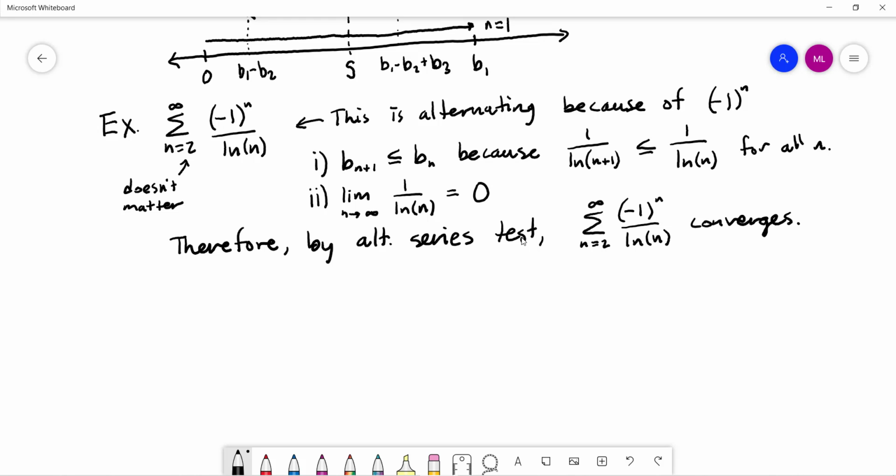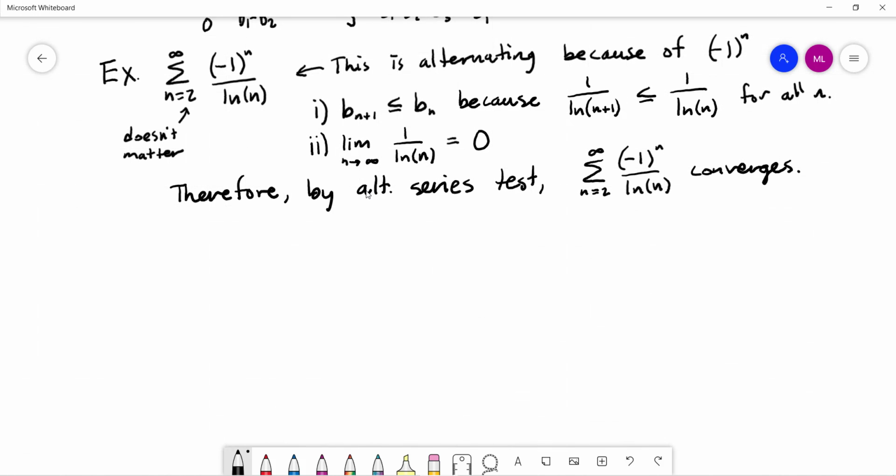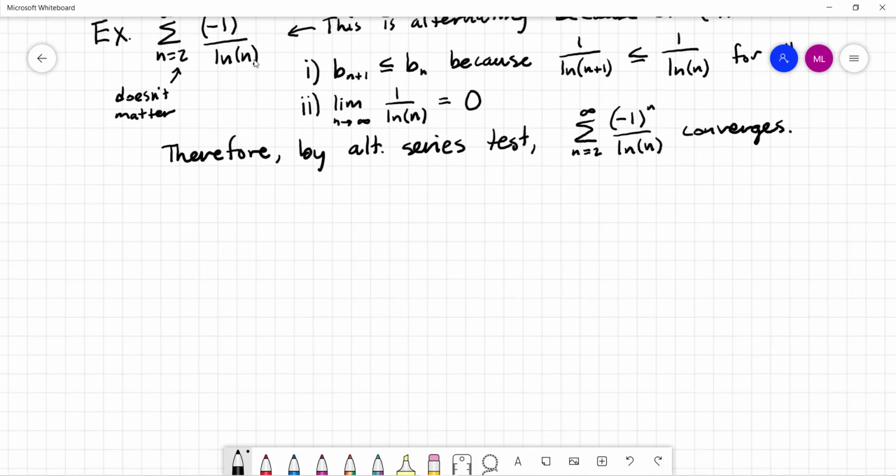I don't know what it converges to, but I know it converges because it satisfies these two criteria. Okay, so that makes these pretty simple. But again, they don't show up a ton because they require this -1 to the n type term to show up in order for them to alternate.